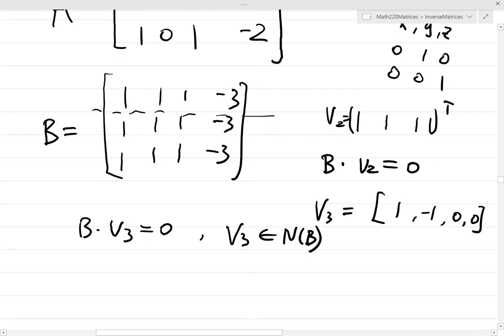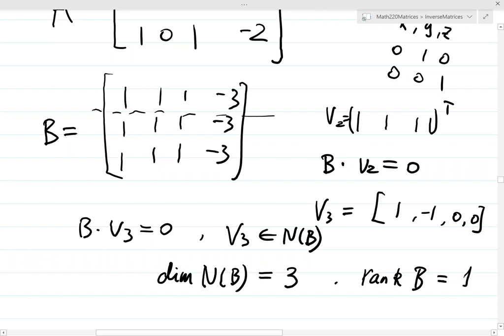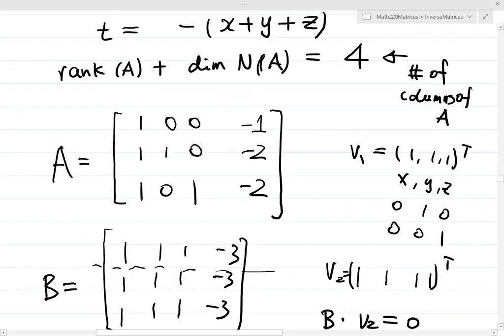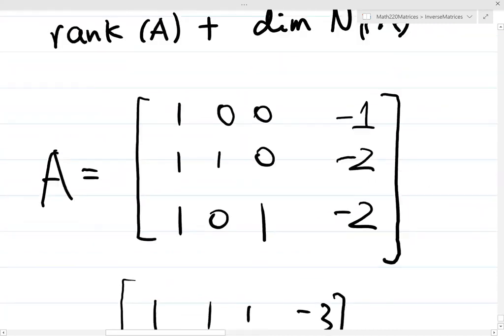B has rank 1, which means the null space has dimension 3, because the row vectors of B only span a one-dimensional space. Rank B is 1, so adding them, you get 4. So we need to make sure that A has rank 3, so that the three row vectors are linearly independent.